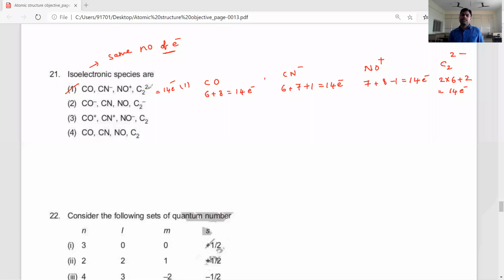That's why these are all called isoelectronic species. In the same way, you have to count the electrons for the remaining options. They do not all have the same number of electrons, so they do not belong to isoelectronic species. The important thing is that the given atoms or ions contain the same number of electrons.